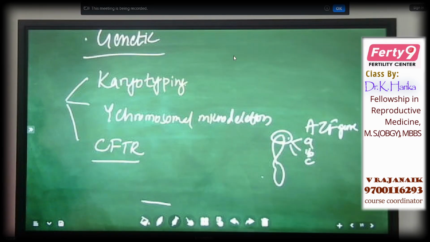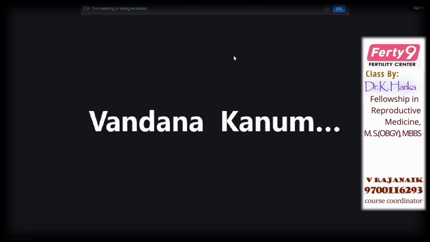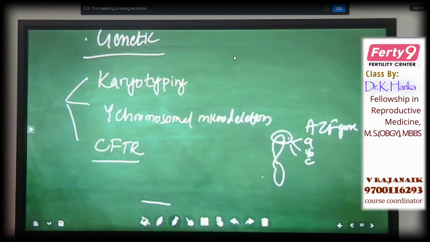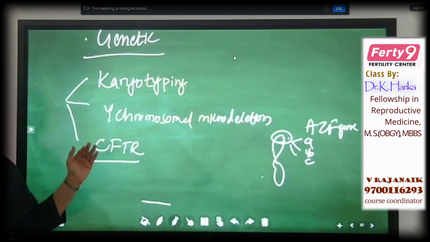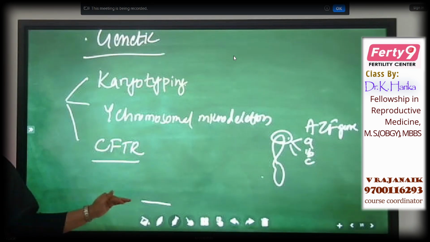So when do you suggest karyotyping? Whether he is azoospermic or severely oligospermic, it is better to do karyotyping to rule out translocation abnormalities or syndromes like Klinefelter syndrome. If it is obstructive azoospermia, then cystic fibrosis chances will be there.